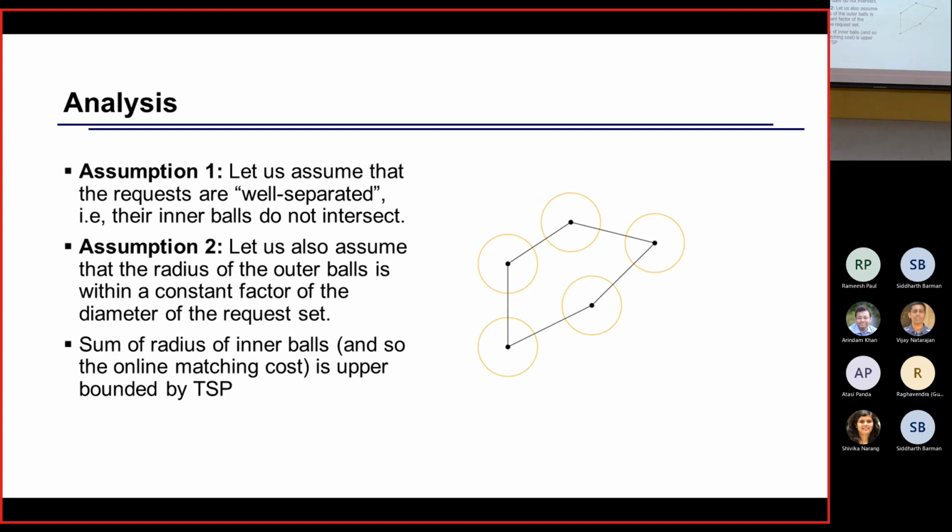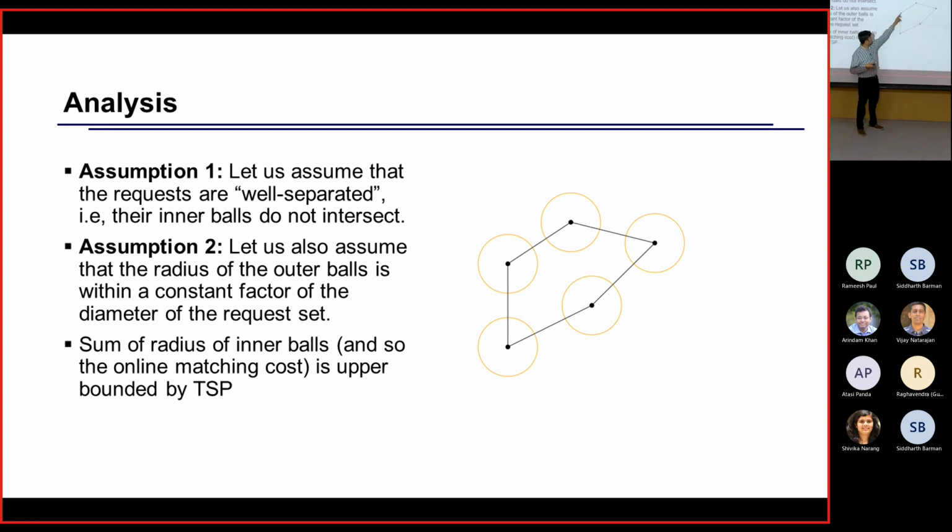First of all, the sum of the inner radii is an upper bound of the online matching. So what you can do now is, if you look at the traveling salesman tour for this point set, you'll notice that because of disjointness, the sum of the radii is less than the traveling salesman tour. Why is that? Look at any edge here.